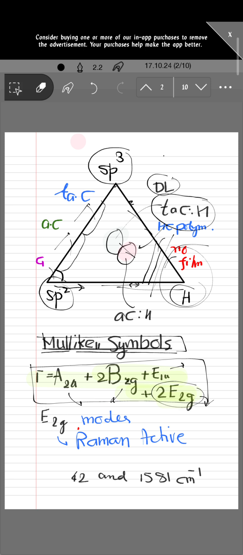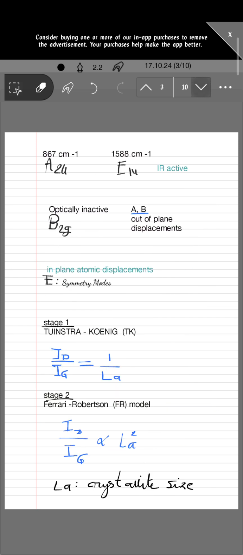This is the mode which is considered to be a Raman active mode, and these modes are found at the following wave numbers. So this is actually the G band or the G peak, and the other is however not observed in many cases. Mainly this is the one that is observed, arising due to E2G modes.